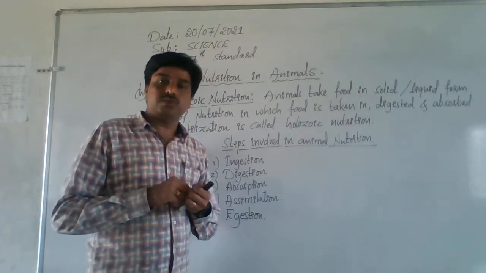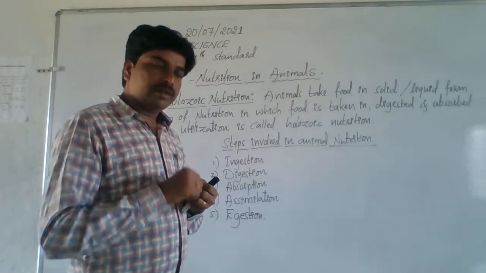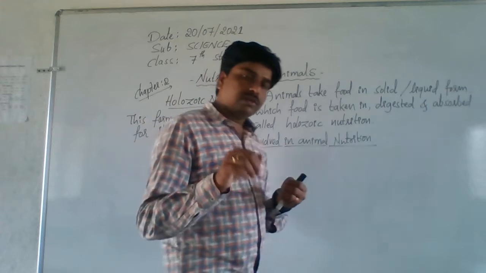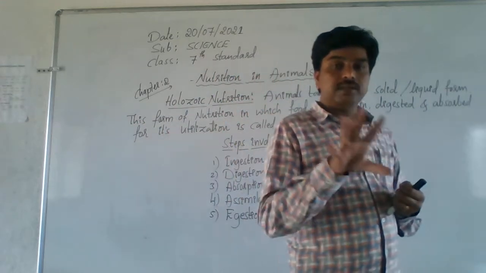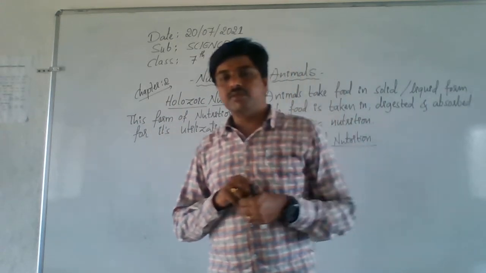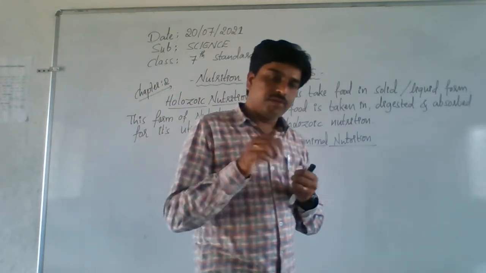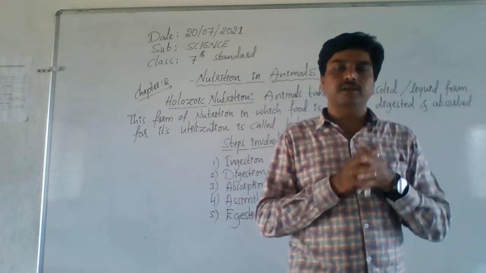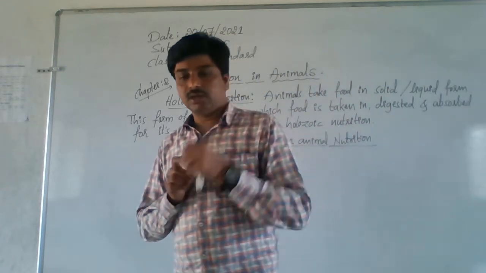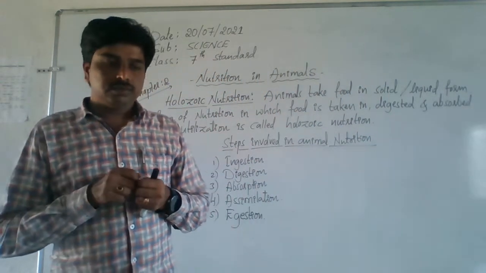Because of chlorophyll, plants are green in color. Hence they are called autotrophs, and that kind of nutrition is called autotrophic nutrition, along with the importance of photosynthesis from our last chapter.